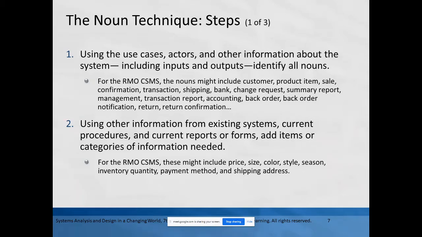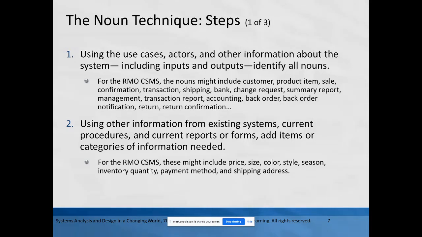All right, so what are the steps for the noun technique? Using the use cases, actors, and other information about the system, including inputs and outputs, identify all the nouns. In other words, I have all of this data that I've collected from my requirements gathering, and I'm going to go through it piece by piece, line by line, and identify all of the nouns that come out of that.